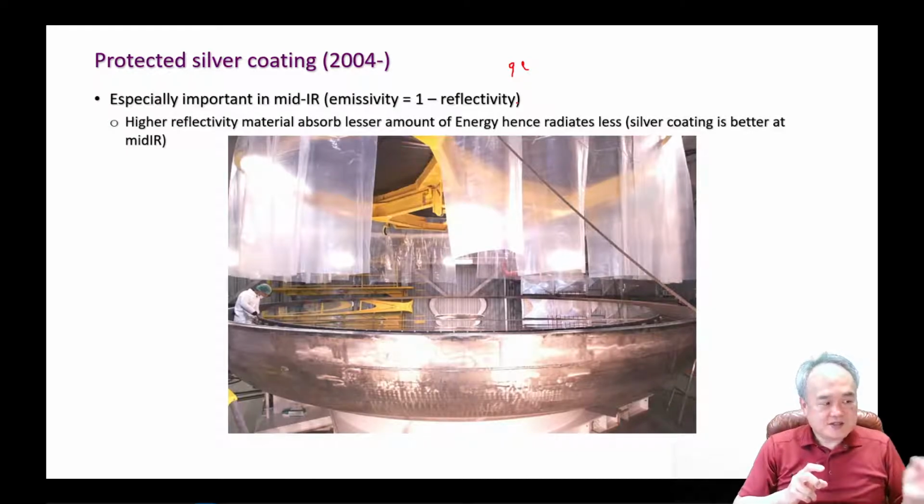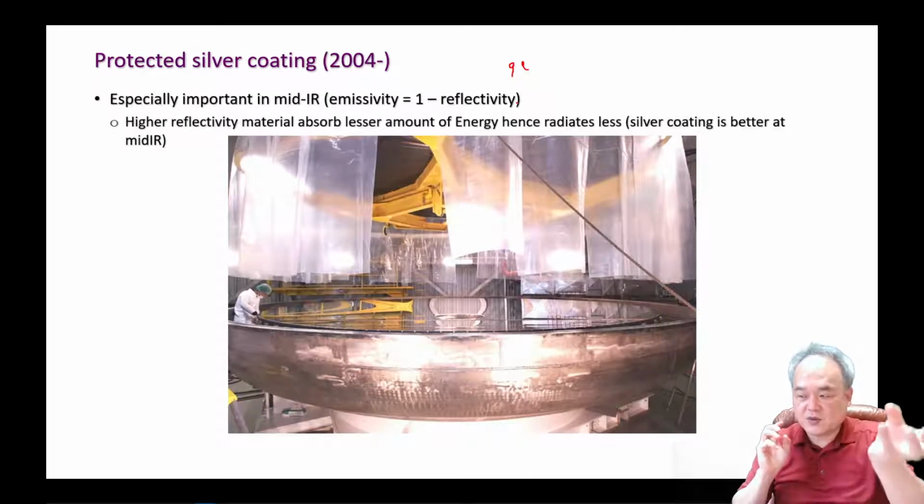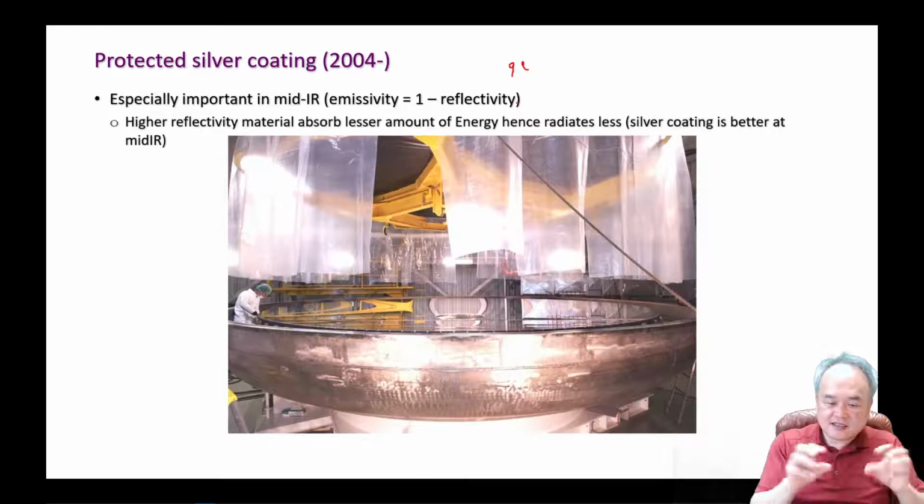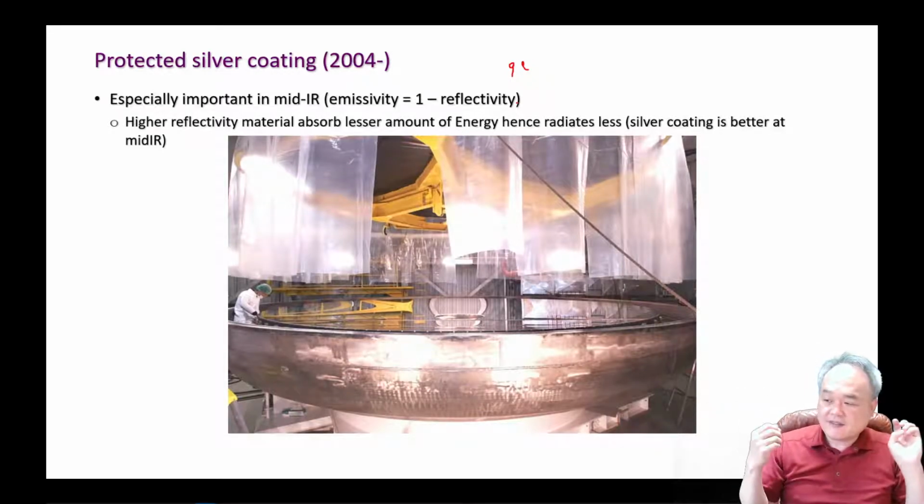So silver is better, but as you know, once silver is exposed to open air, it reacts with oxygen and gets tarnished and darker, producing an oxidized silver compound, which loses reflectivity greatly.